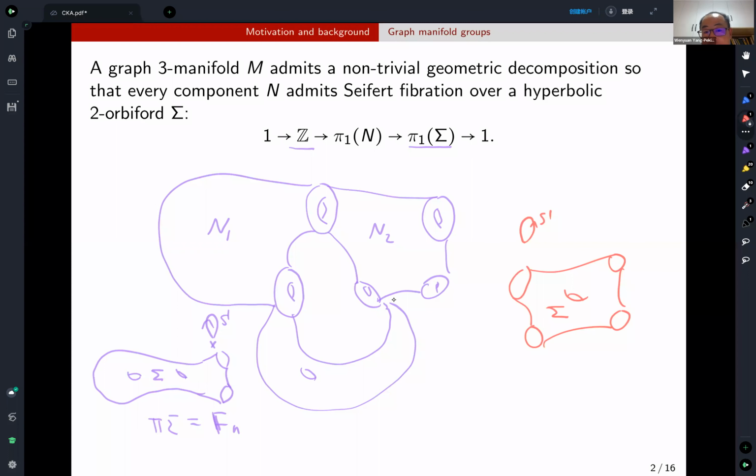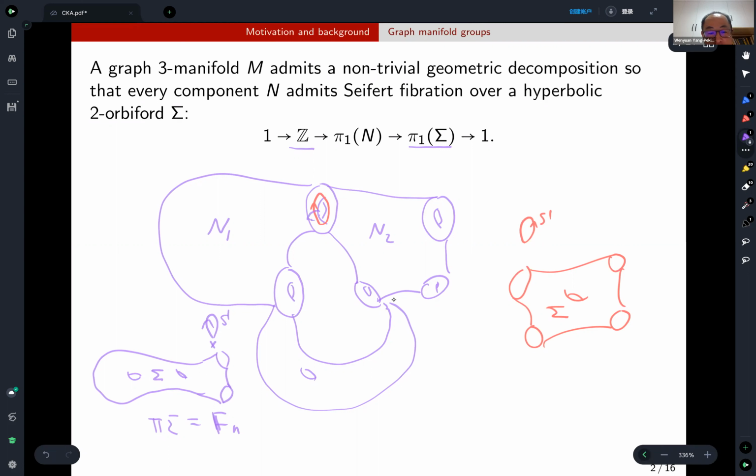So each component has this Seifert fibration. So here we require this fiber, for instance, this is a fiber for N2. This is a fiber for N1. These two fibers should not be parallel.